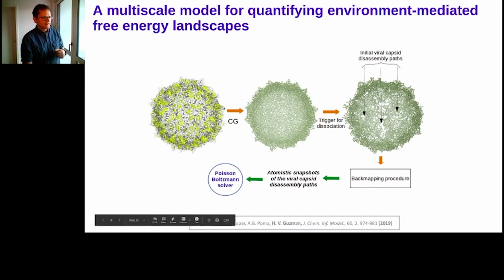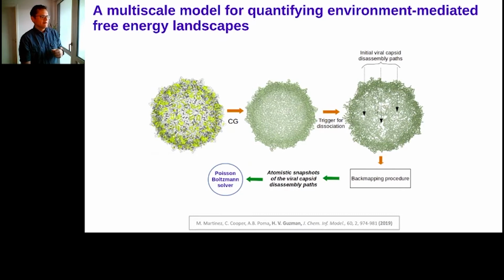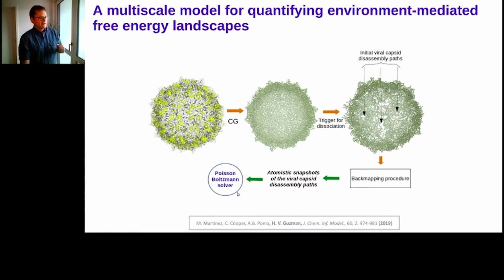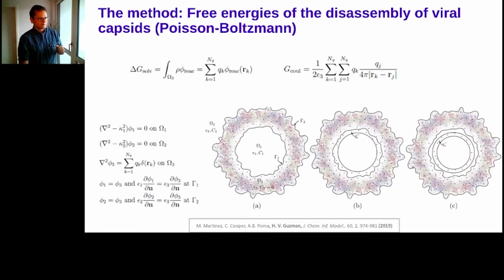So we do this whole cycle, and as you see, there is first a conversion from atomistic to coarse-grained, then a backmapping procedure, so from coarse-grained structures from the initial disassembly paths to atomistic again, and then from atomistic we have to perform other conversions to specifically see the charges of each of the atoms and also the van der Waals radius, and then we can use a continuum solver for that, which is in this case Poisson-Boltzmann.